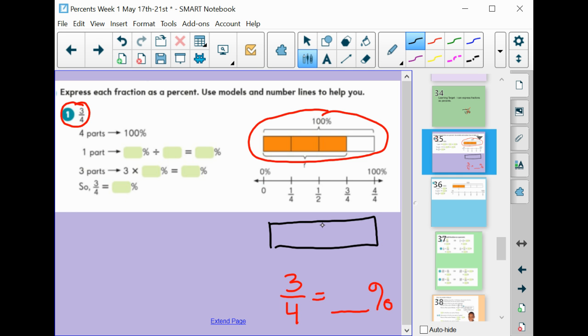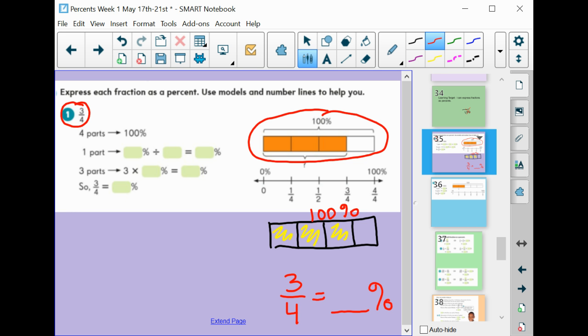And we're going to break that bar up into fourths. Okay? And then specifically, we're going to think about 3 pieces of those. And this whole bar is equal to 100%. So all I did there was draw the fraction and then say this bar is equal to 100%.